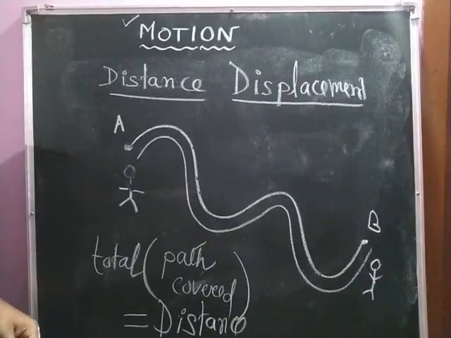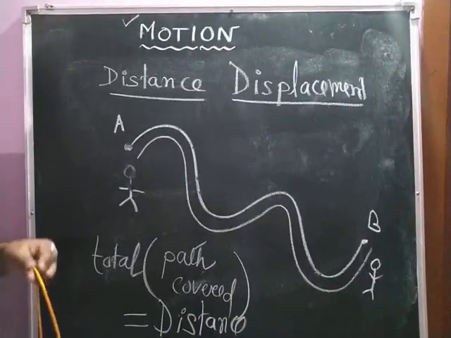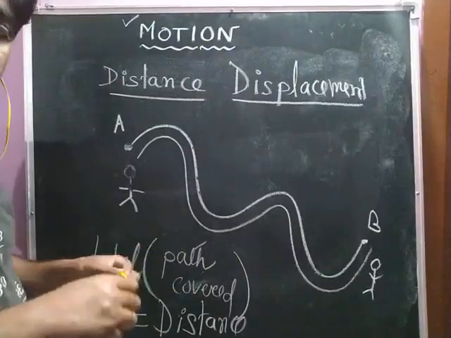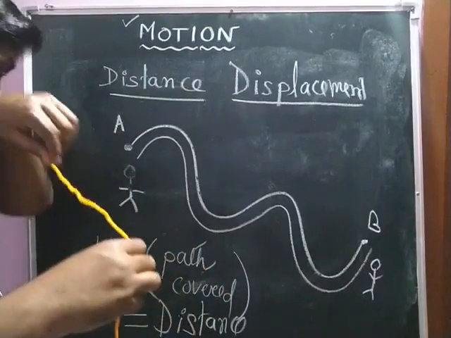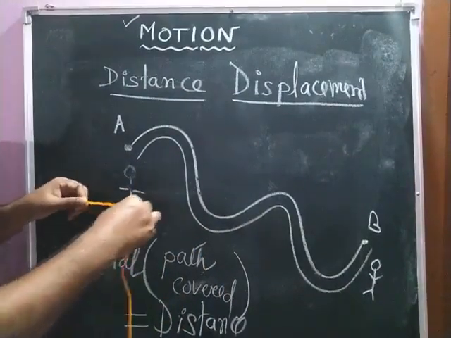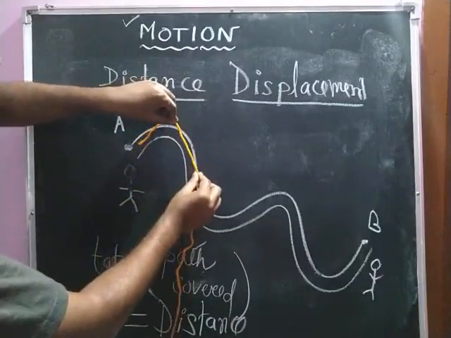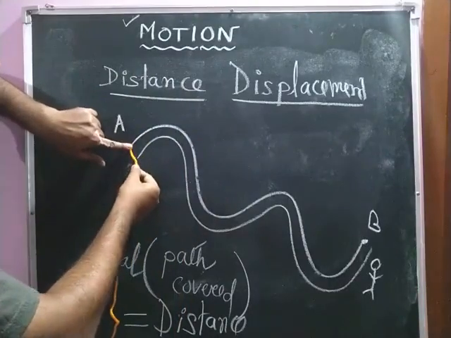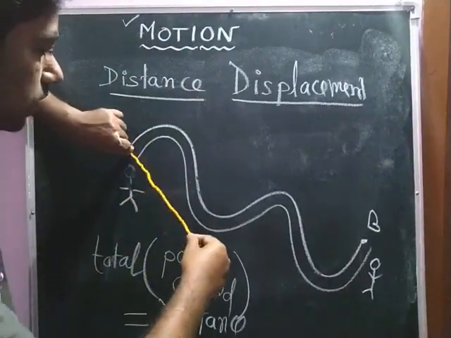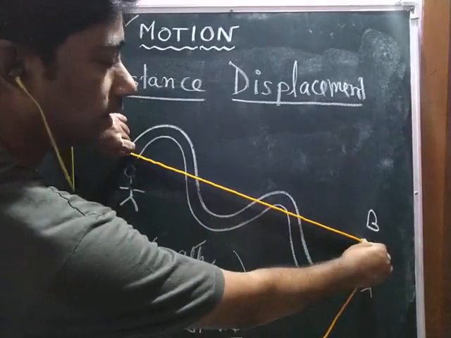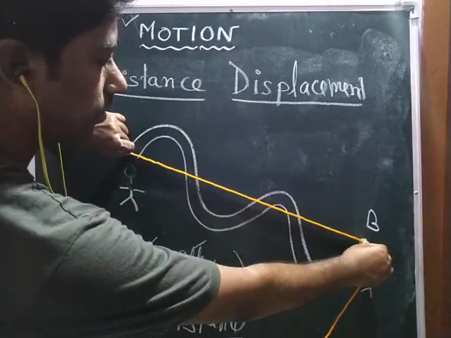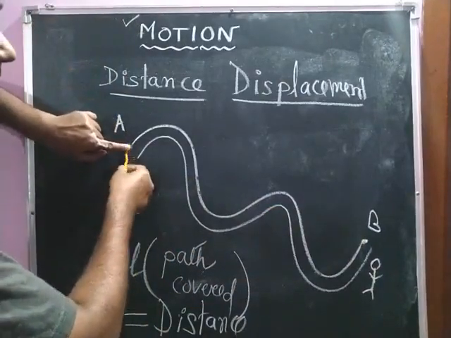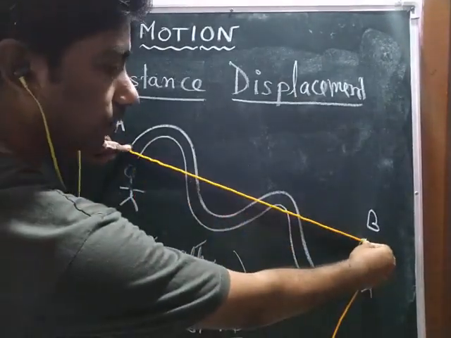Now let us check what is displacement. Now for displacement again, we will take the same measuring device, but here instead of going along the path like this, we will place the measuring tape at the starting point and go by the straight shortest path directly to the last point.